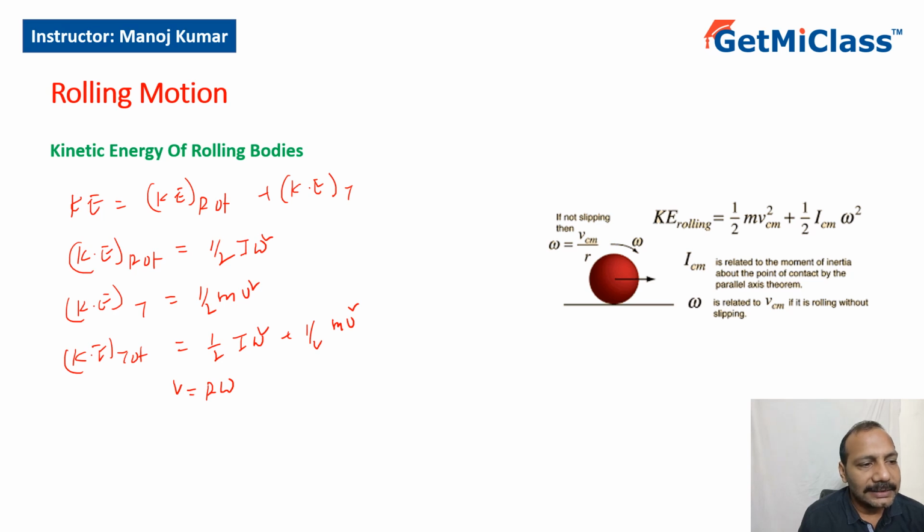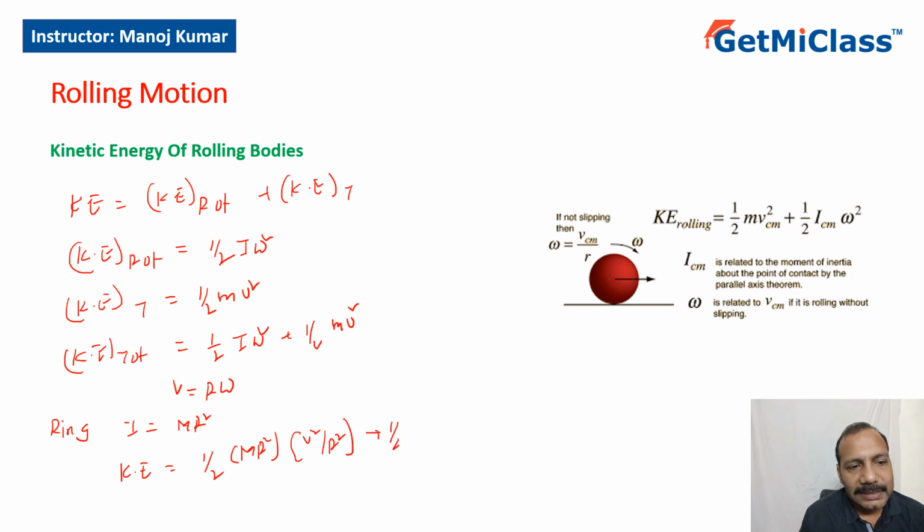Let's say I take a ring. For a ring, I equals how much? mr square. Now I want to find total kinetic energy in terms of velocity. So what is kinetic energy total? Half I, instead of I, I'll write mr square, and omega is V by R, so omega square is V square by R square, plus kinetic energy of translation, that is half mv square.